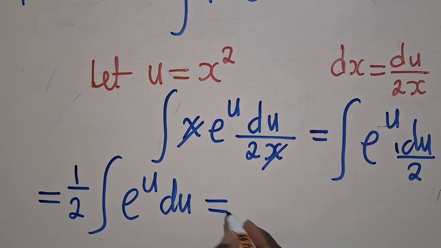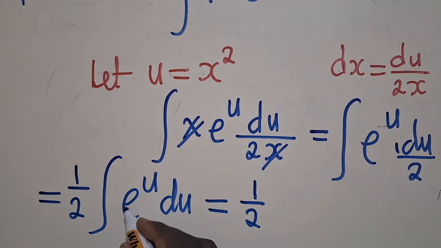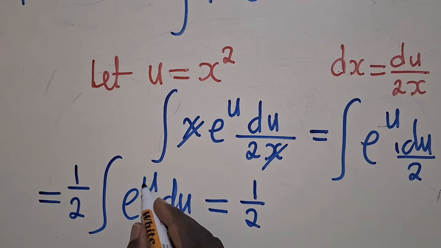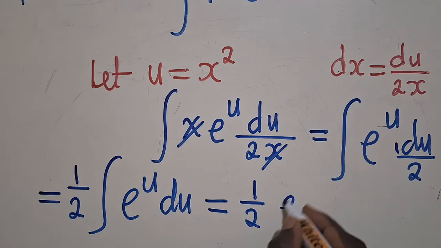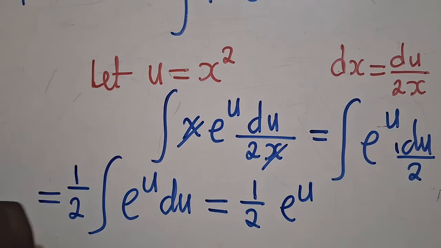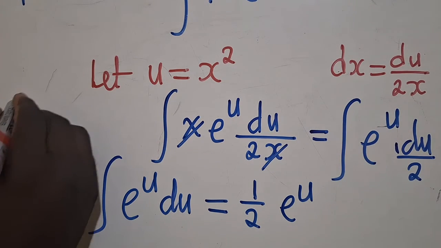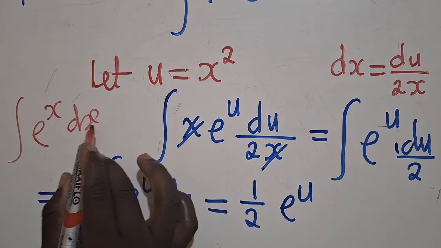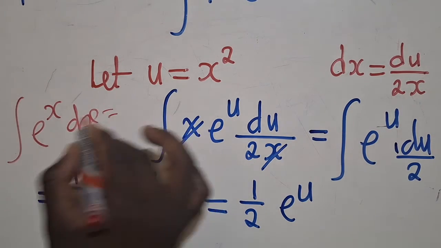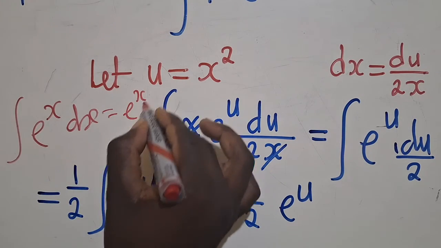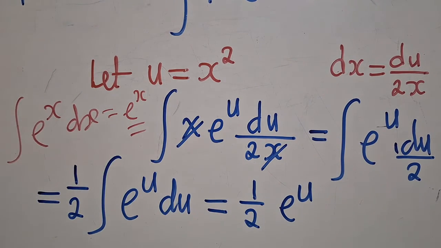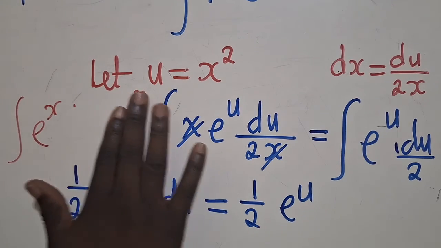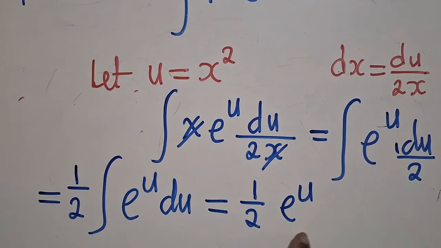So from this stage, we maintain 1 over 2. What is the integral of e power u? It will just be the same. It's the same as when we say what is the integral of e power x with respect to x. This will just give us e power x as the answer. So the same is what we need to apply right over here.